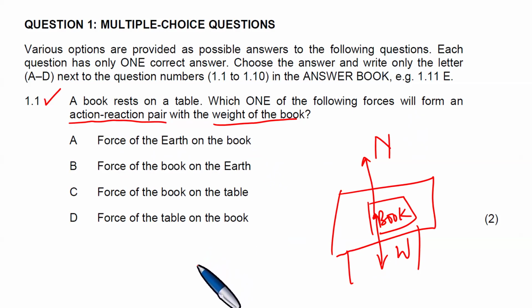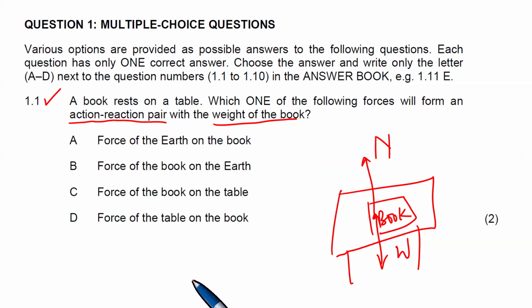Obviously it thinks that it is the force of the table on the book. Okay, that's interesting. The force of the table on the book, and the action-reaction pair with the weight of the book.